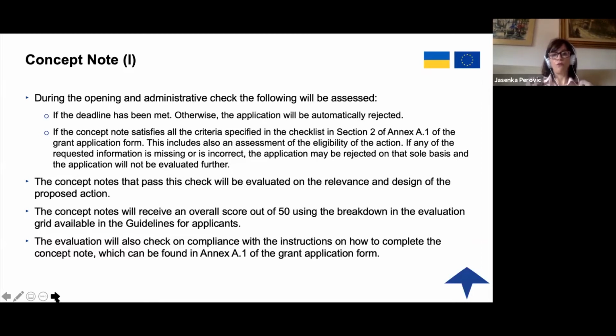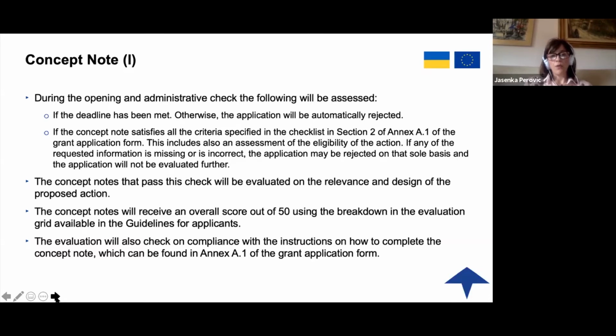If anything of this is missing, you will most probably be rejected, and your concept note will not be evaluated. If you pass this check, your concept note will go through the evaluation procedure.